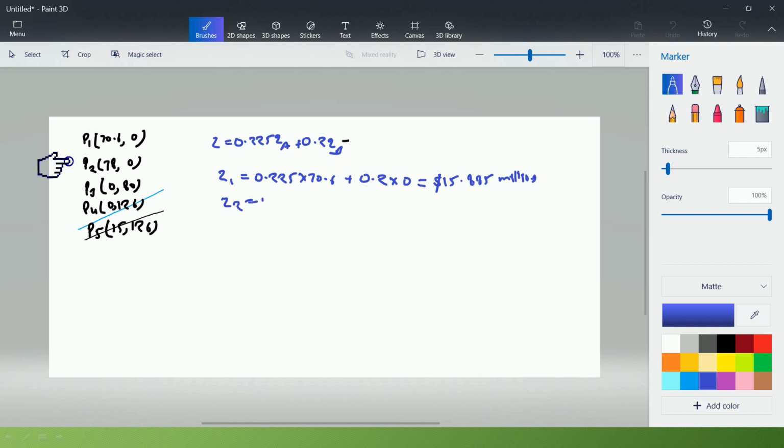Z2: 0.225 times 78 plus 0.2 times 0, this will come to 17.55 million dollars. Z3: 0.225 times 0 plus 0.2 times 80, this will be our 16 million dollars.